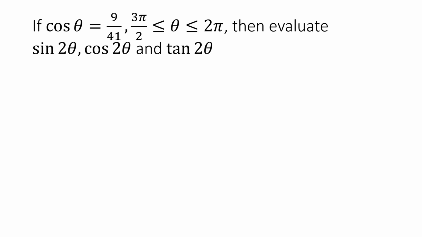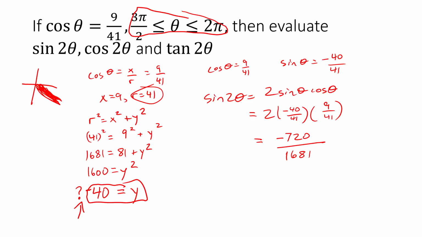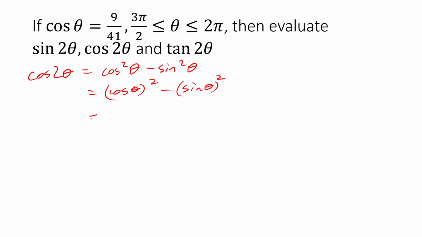Now, let's figure out what the cos of 2 theta is. We know that the cos of 2 theta is going to equal cos squared theta minus sine squared theta. And that's like saying cos theta quantity squared minus sine theta quantity squared. Okay? Now, we see from the last slide that cos theta is 9 over 41 and sine theta is negative 40 over 41.